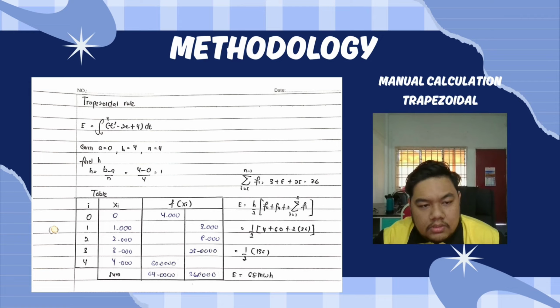Next we substitute the values into the trapezoidal rule formula, which is E equals h over 2 times the bracket of the values. So we get E equal to 68 megawatt hours.